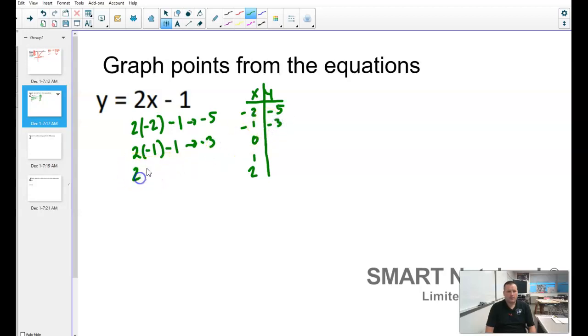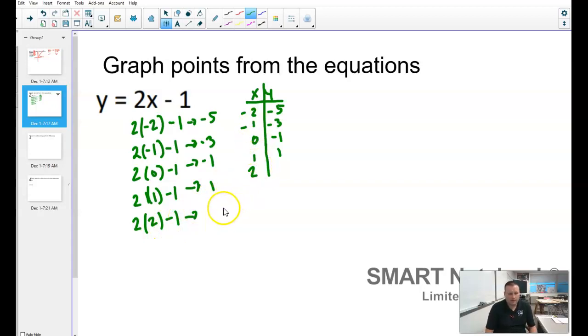Then I'm going to plug in 0, so that'll be 0 minus 1, which will give me -1. Then I'm going to plug in 1, and that'll give me 2 minus 1, which will give me +1. And then I'm going to plug in finally 2. Again, these are just the values that I plugged in. It gives me a good idea of where this goes here. So that would be 4 minus 1, which is 3.